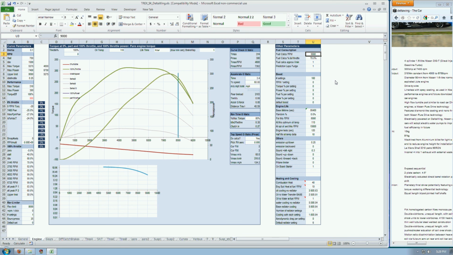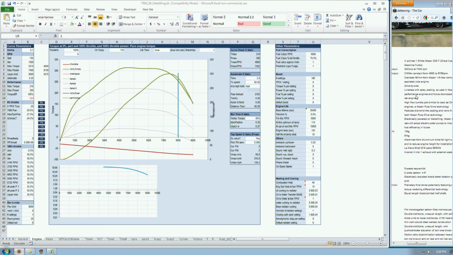So I set the rpm that I wish to calculate the fuel consumption for. Let's say most of the time average engine rpm is 6,000, and mostly your average throttle percentage is 70%. Then I simply set the fuel use in liters per minute.